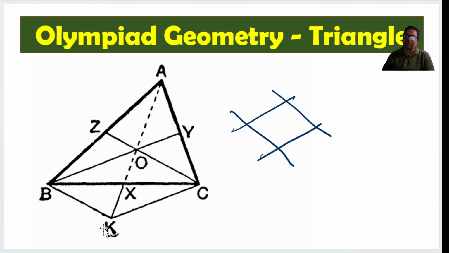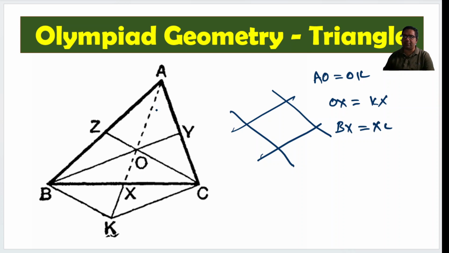So AO equals OK. And we have just decided that OX equals KX because BOKC is a parallelogram, and BX equals XC.